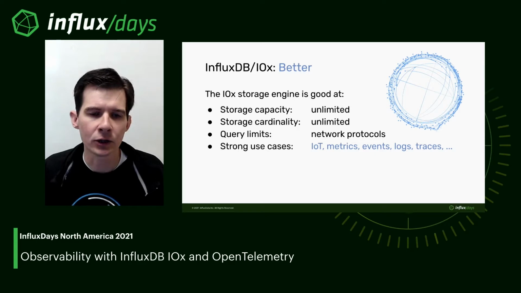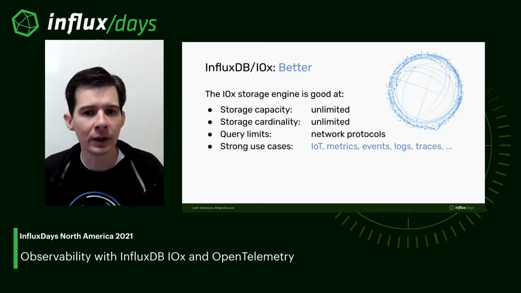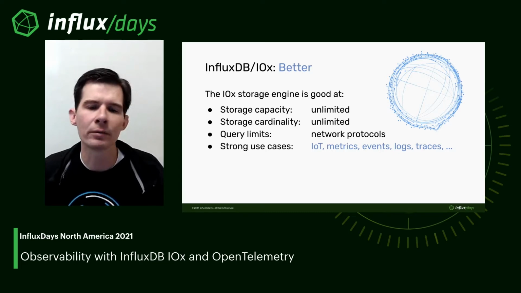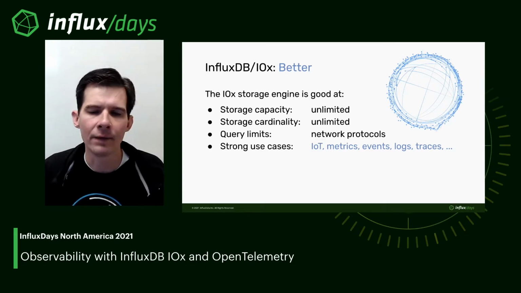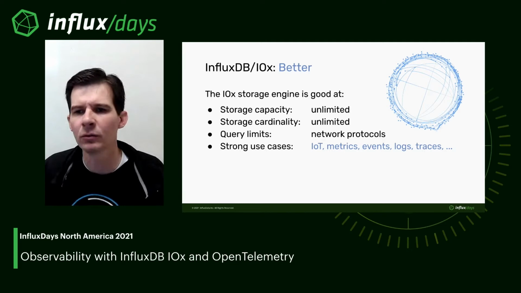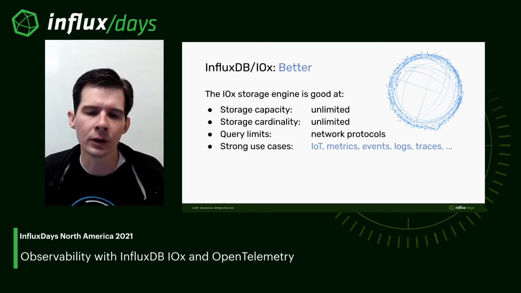Storage capacity and storage cardinality are essentially unlimited, as mentioned before with IOx. Query performance is now primarily limited by the network, cache misses to object store, and streaming results back to the query client. And that can be solved with improvements to the network layer. Later on, we're using Arrow Flight, for example, to stream query results.